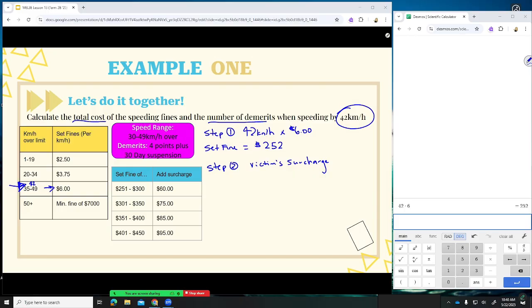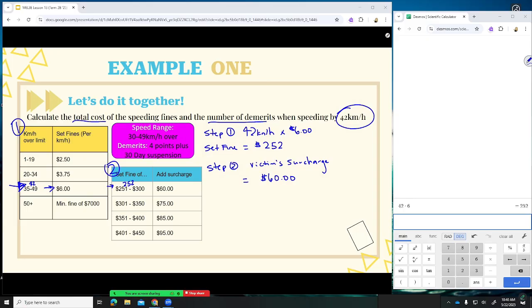We have to look at the set fine. So this is step 1, this is step 2. Our set fine is $252. That falls within our first bracket, which means our added surcharge, the victim surcharge, is $60.